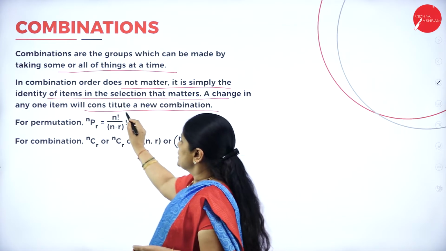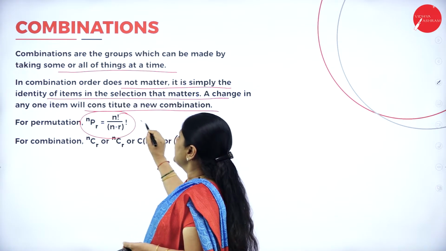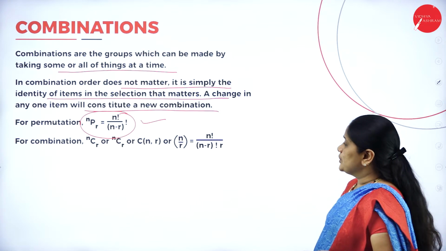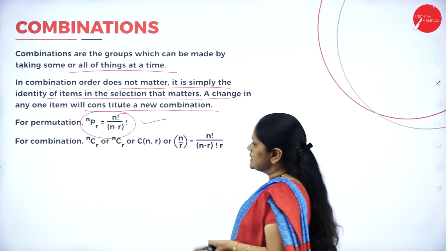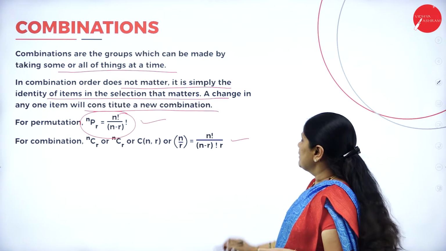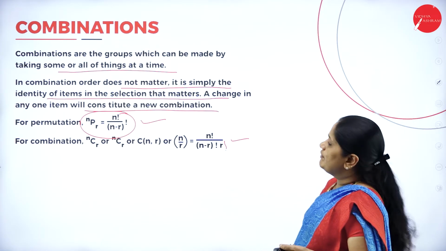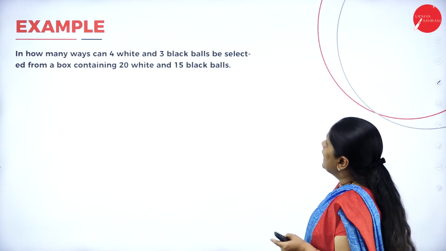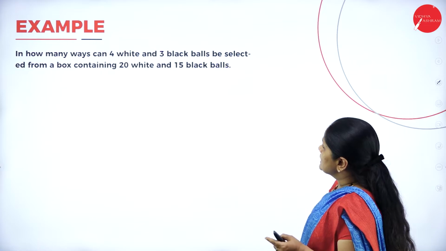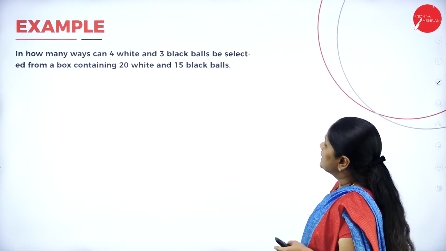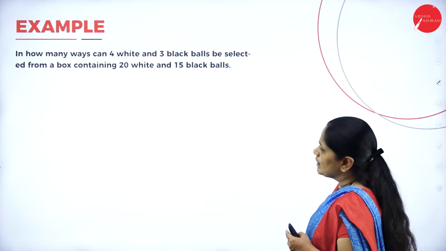So for permutation, the formula is nPr equals n factorial by n minus r factorial. For combination, it is nCr, which is n factorial by n minus r factorial into r factorial. Now, in how many ways can 4 white and 3 black balls be selected from a box containing 20 white and 15 black balls?